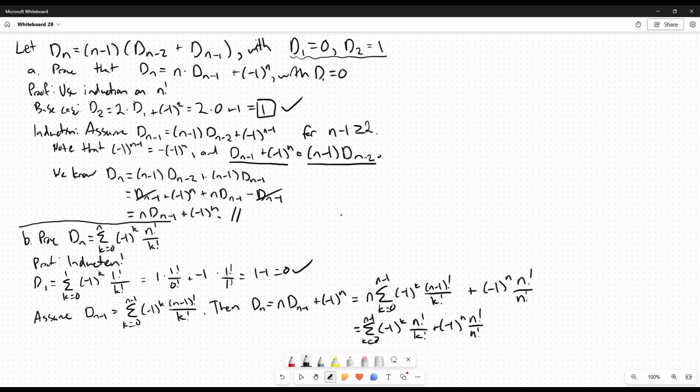And what we notice is that this is exactly the next term in this sum that we didn't include, so I might as well just go ahead and include it in there. So that's going to be the sum of (-1)^k n factorial over k factorial, this time going from k equals 0 all the way up to n.